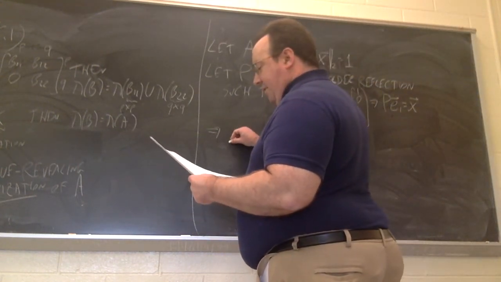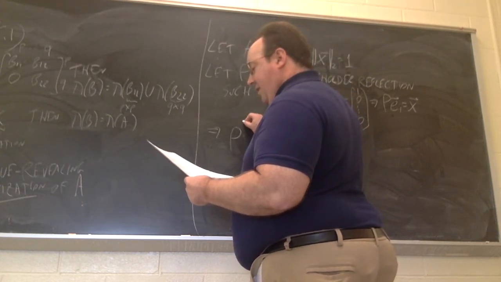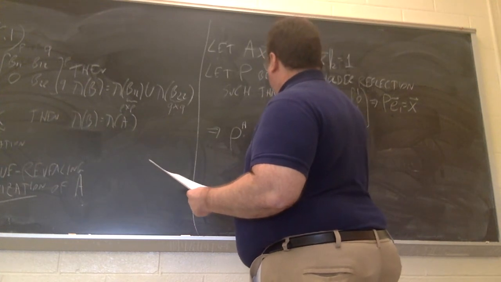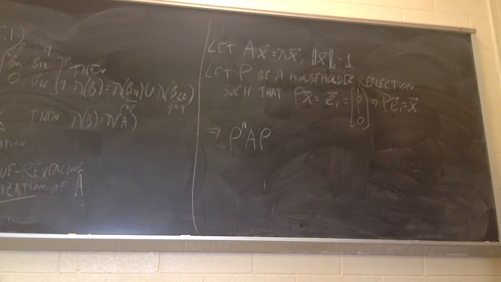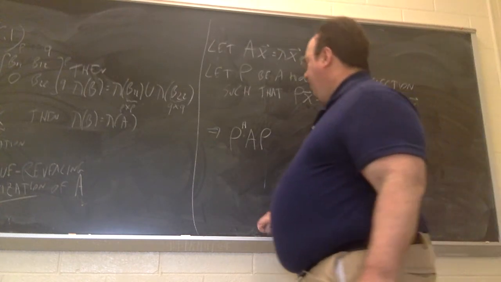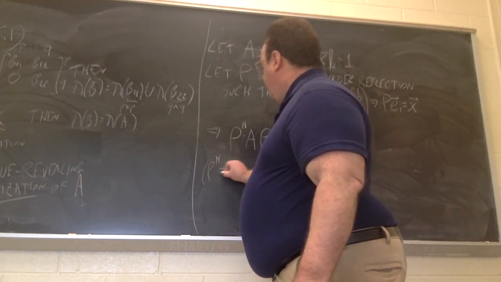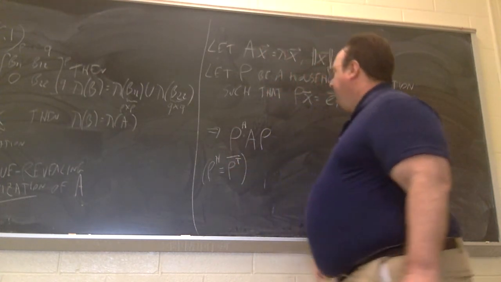So I have P. Wait. Now I'm going to assume that things are not necessarily real. In other words, instead of working with the transpose, I can have a Hermitian transpose. So recall that the Hermitian transpose is a transpose and complex conjugate.